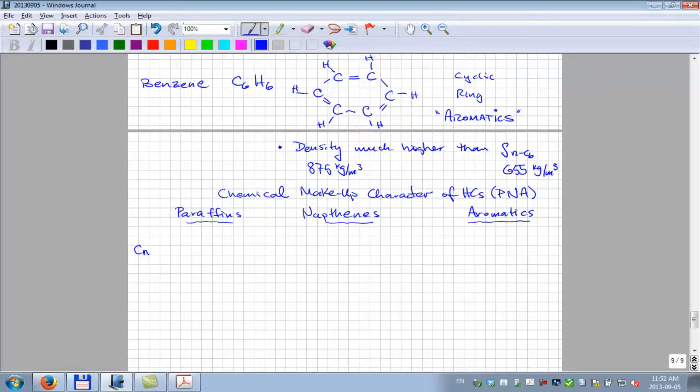So you can have really, really large differences in densities and in viscosities, for example.